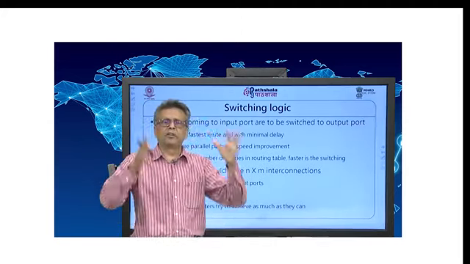This is going here, this is going there. Every input port has an exclusive output port, and everybody is working at the same speed. It is a great thing. I do not need to worry about anything.